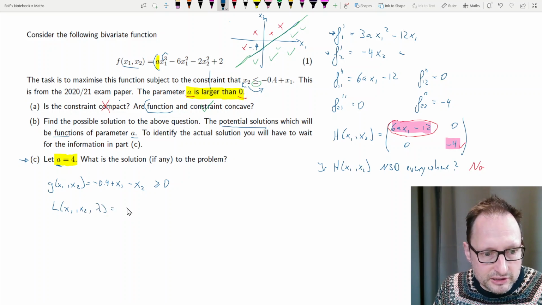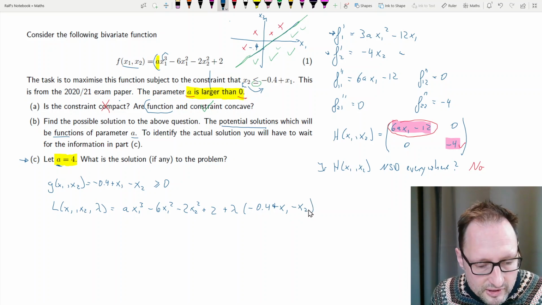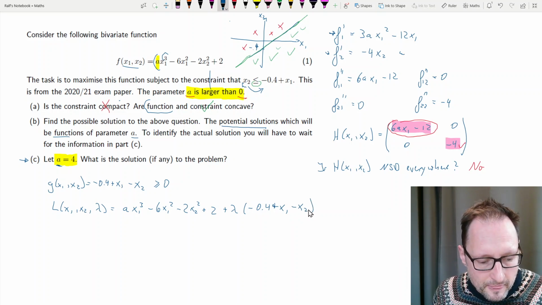So we have our function a times x1 cubed minus 6 times x1 squared minus 2 times x2 squared plus 2, and now plus lambda times our constraint function, negative 0.4 plus x1 minus x2. So here's our Lagrangian function.